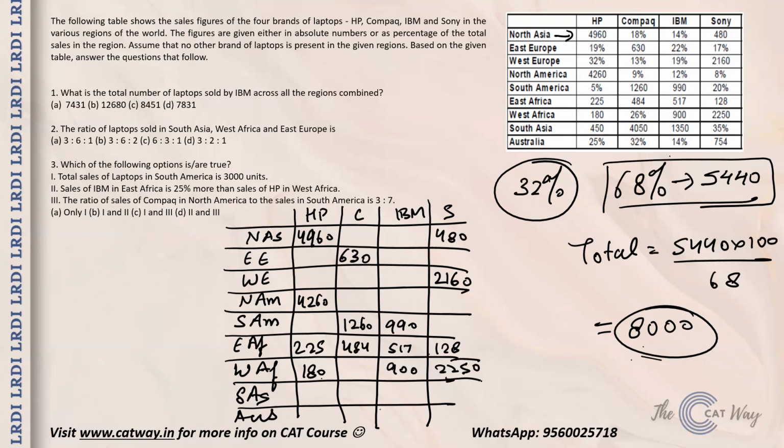Okay, then we have 450 and 4050 and 1350. So we have 754.